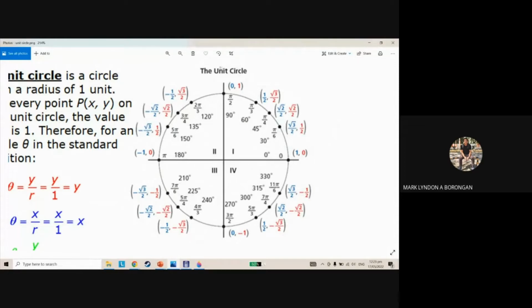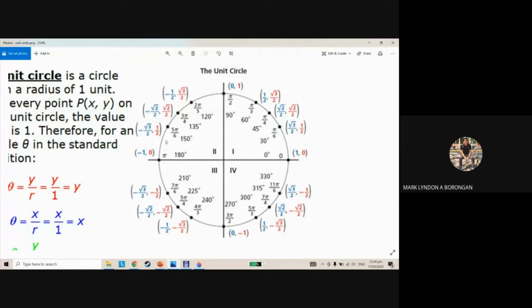Now, let's locate pi over 2 and pi. Pi over 2 is 90 degrees, so it is at the top, or the north direction.